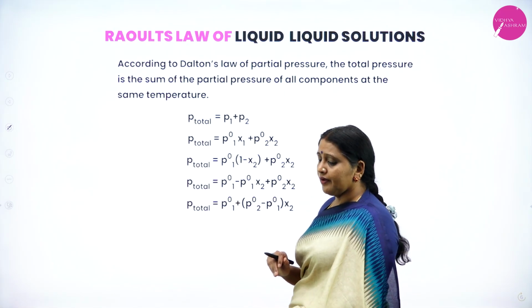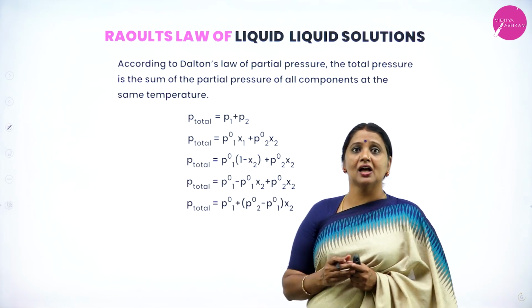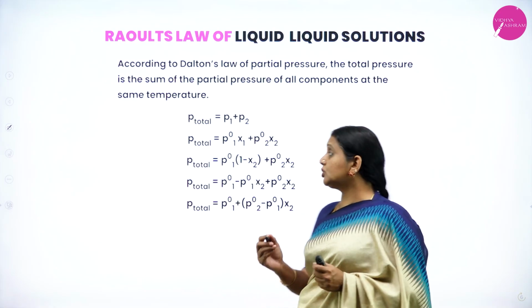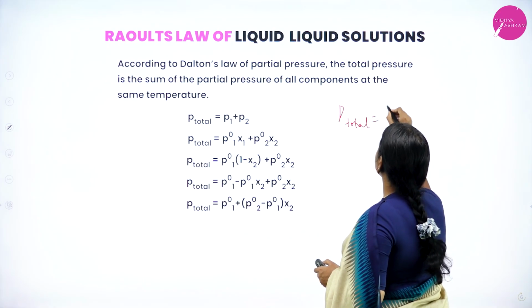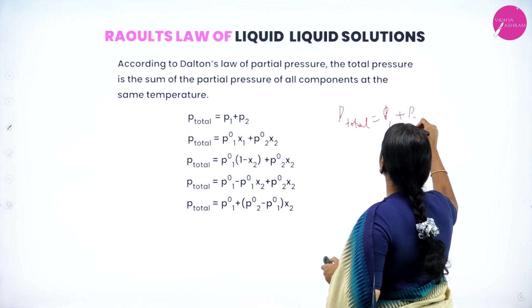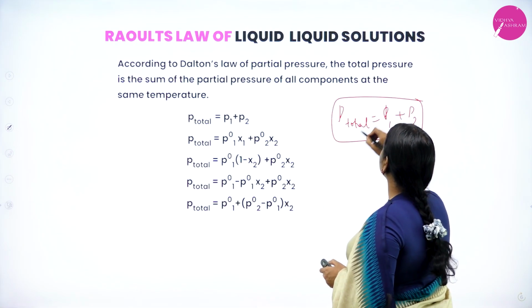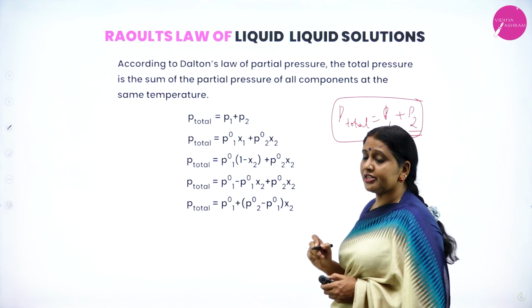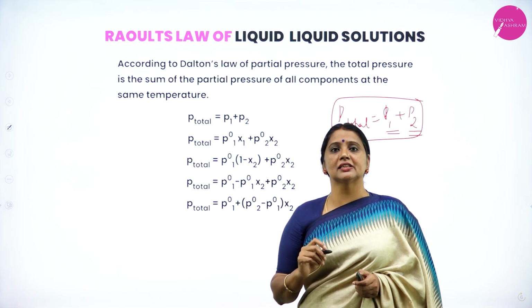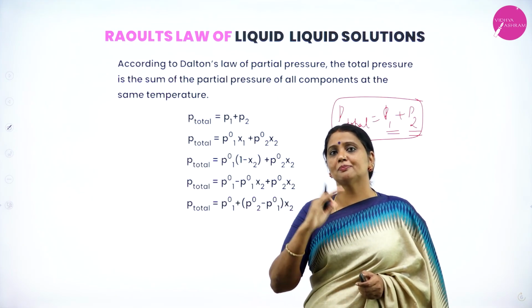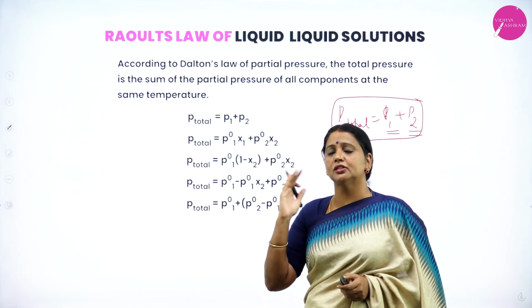Now, consider Dalton's law of partial pressure. According to Dalton's law, the total pressure is equal to the sum of the partial pressures of the components present in the mixture. For two components 1 and 2, the total pressure is the sum of the partial pressures of component 1 and component 2.